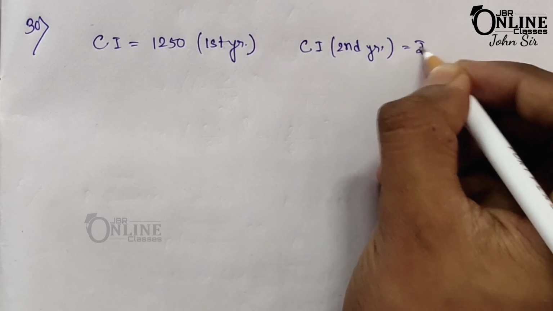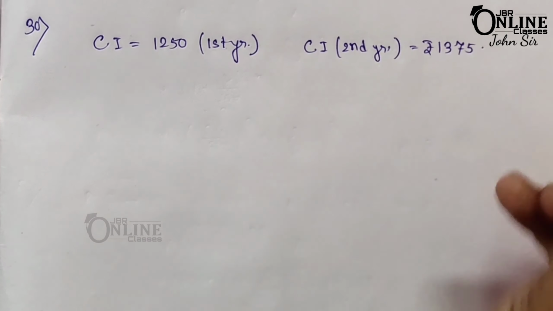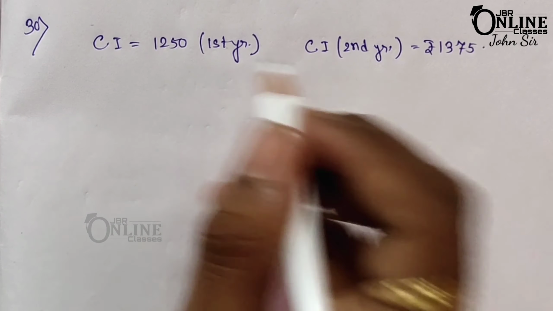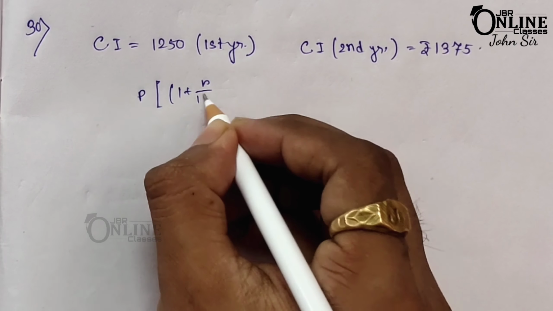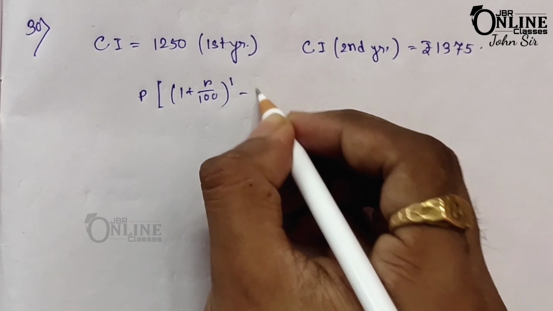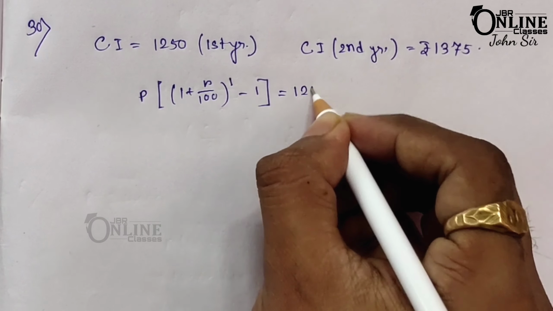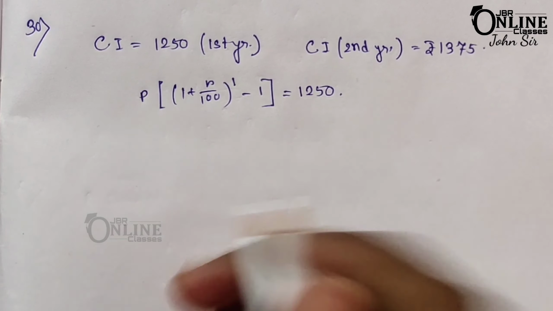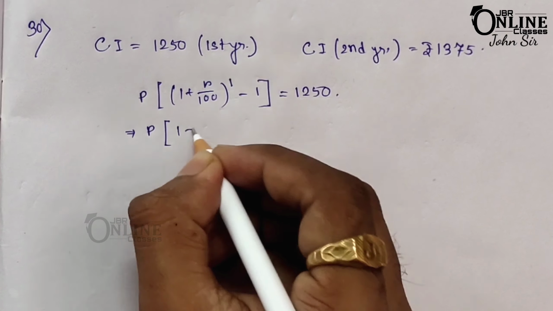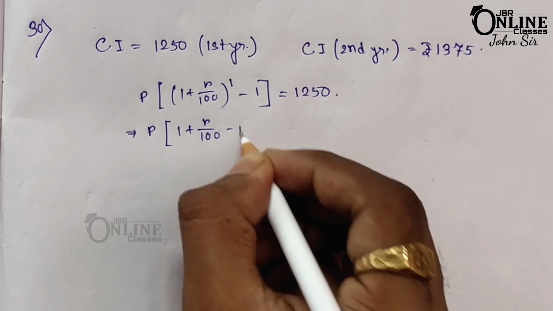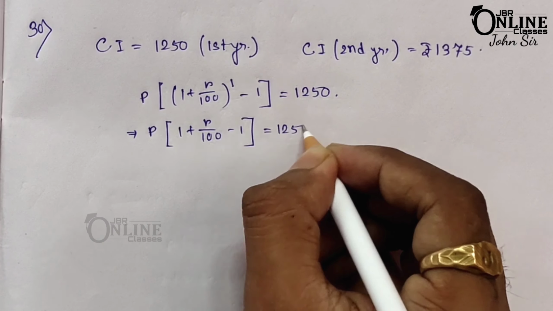So let P be the principal and R be the interest rate. So you know the formula of compound interest, that is P into 1 plus R by 100 to the power 1 minus 1, and that equal to 1250.